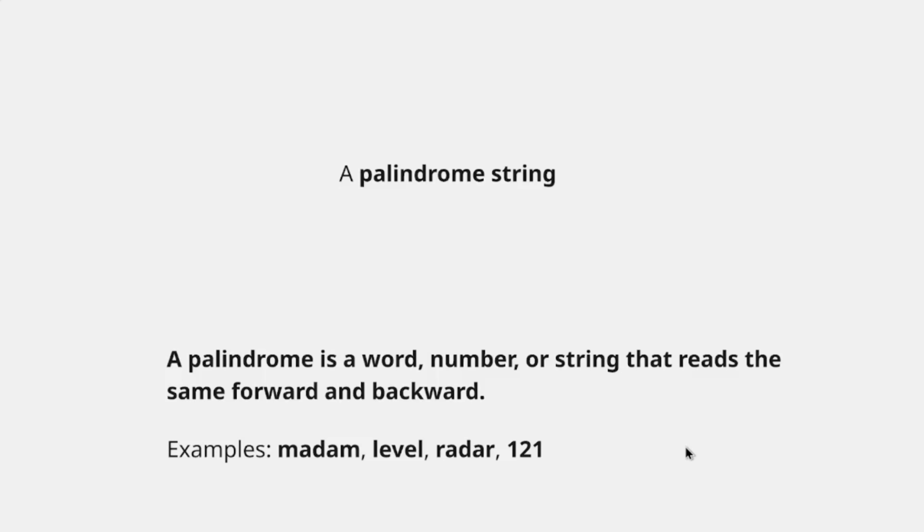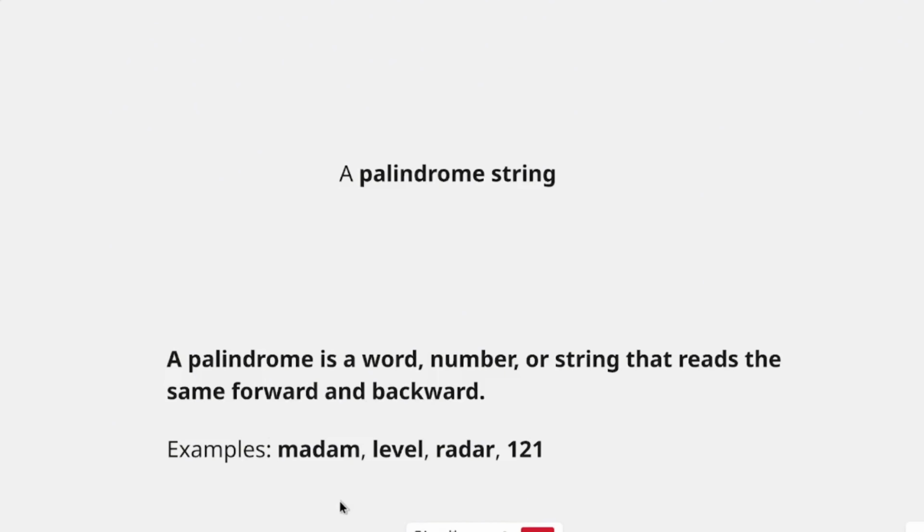So let me give an overview of a palindrome string. The problem statement is very simple here. You're given a string and your task is to check whether the string is a palindrome or not. If the string is a palindrome, when we read from left to right and from right to left, the word should be the same.